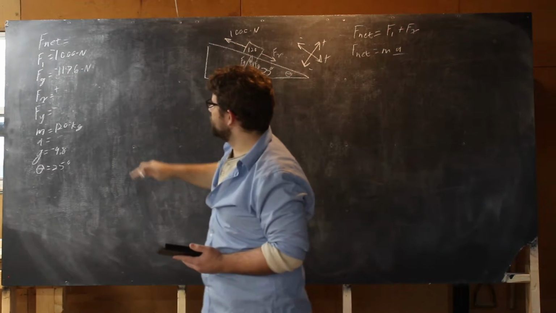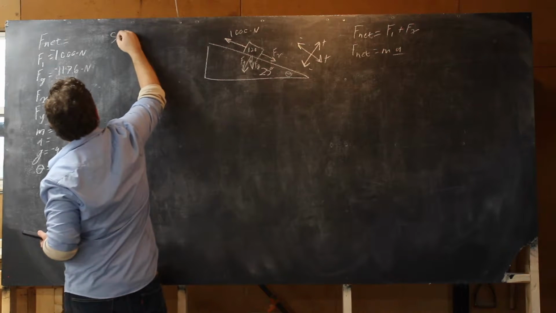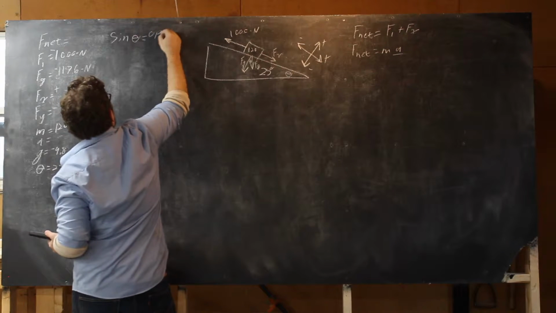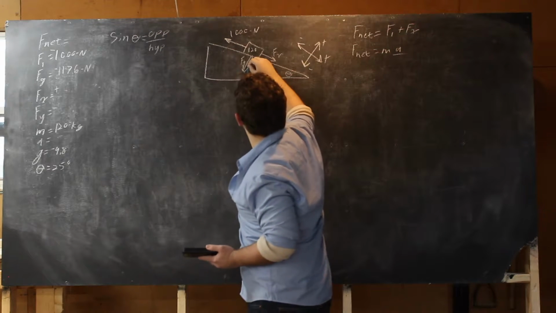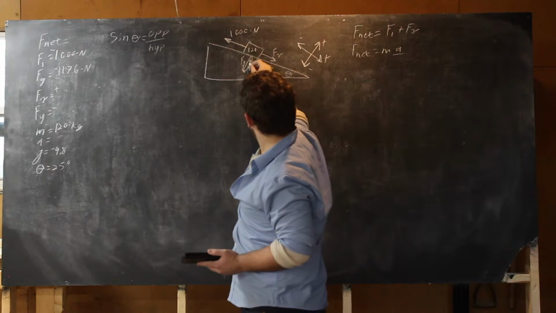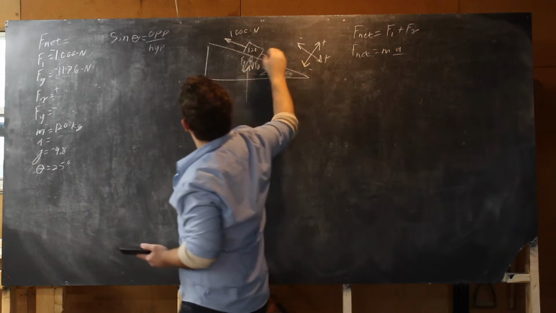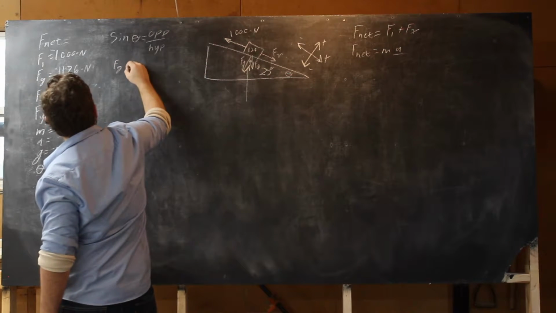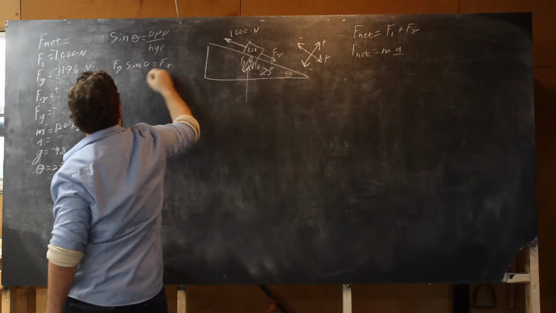And then to find my force in x and my force in y, I'm going to use trigonometry. So sine of theta is opposite over hypotenuse. And the theta I'm using is this angle right here. Well, my x is going to be the opposite side of that angle. So I'm going to use Fg times sine theta equals the force in x.